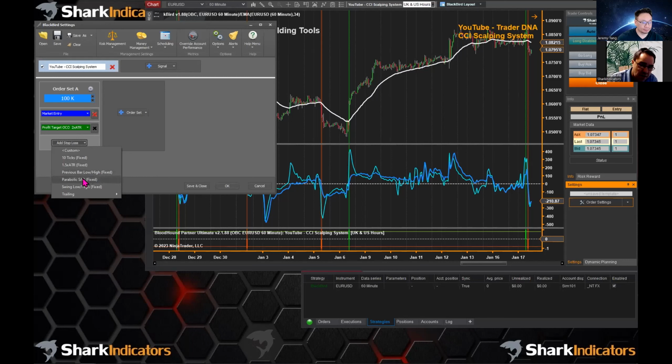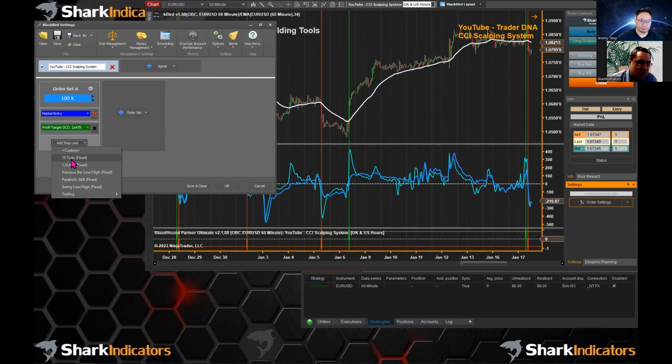The parabolic SAR is the common stop loss indicator that comes with NinjaTrader, or swing high and low points. And then we have some trailing versions of those same types of stop losses. These are not hard coded. This is just what we call a quick list to get you started, and then you can go in and customize it.